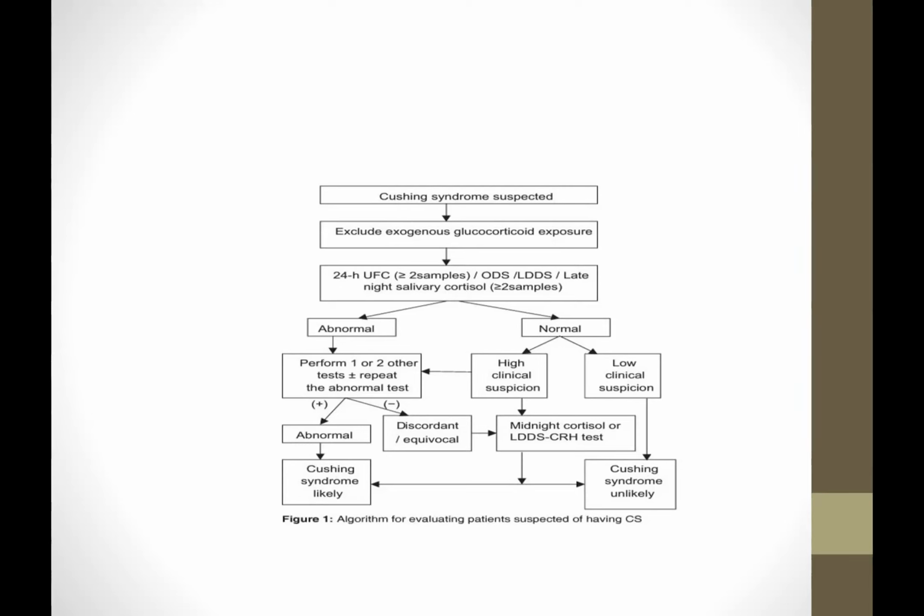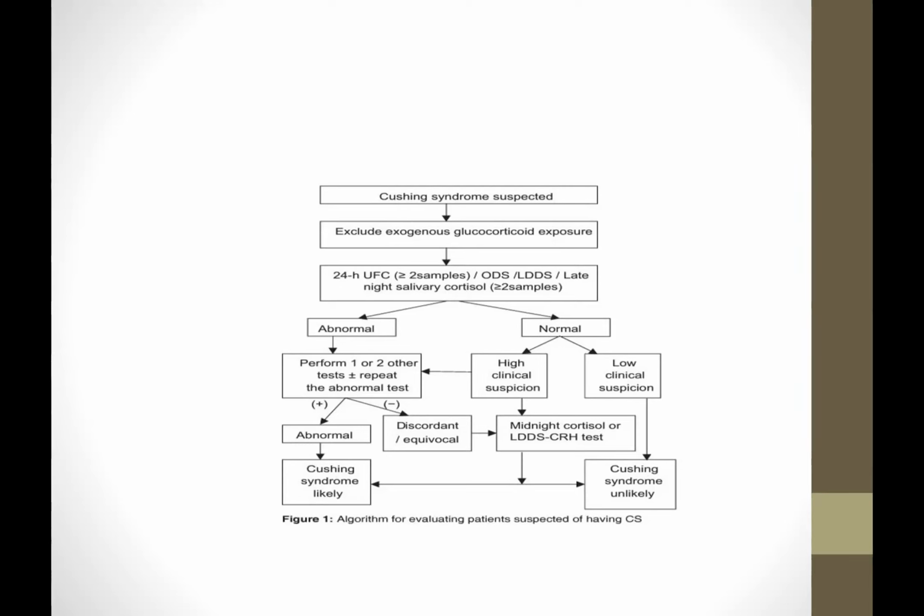That's what you do. You do a midnight cortisol or LDDS with CRH. So midnight cortisol is a very sensitive test, but it's not a specific test. That is why we are not using midnight cortisol so much, but the salivary cortisol is better. So LDDS with CRH stimulation you do, and then diagnosis can be Cushing's, can be unlikely depending on the result of that second test.